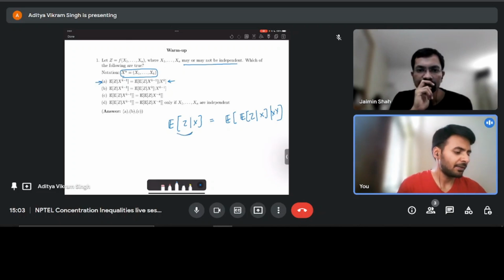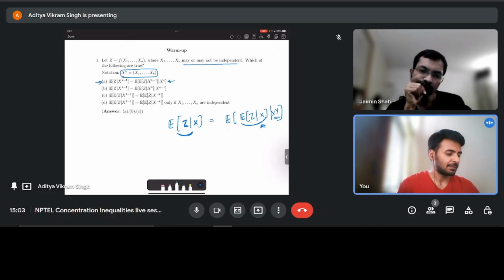On the left-hand side you are given x and you compute the expectation of z given x. But if you are given both x and y, since this does not depend on y directly anymore, this is just expectation of z given x.